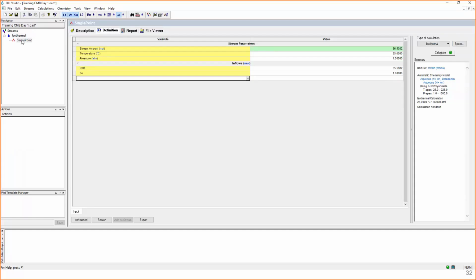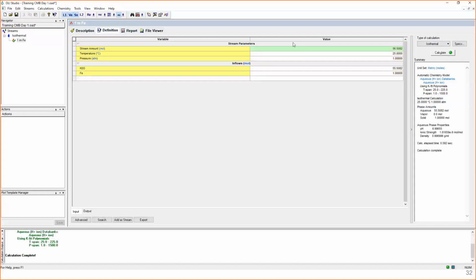And we are going to rename this as 1 mole of elemental iron, 1mFe, okay? So once we have done all of this, you'll notice that you have a calculate button now, and it's green, indicating that you can go ahead and calculate.